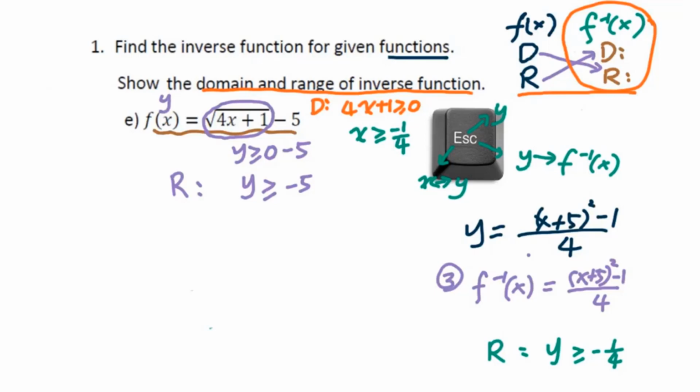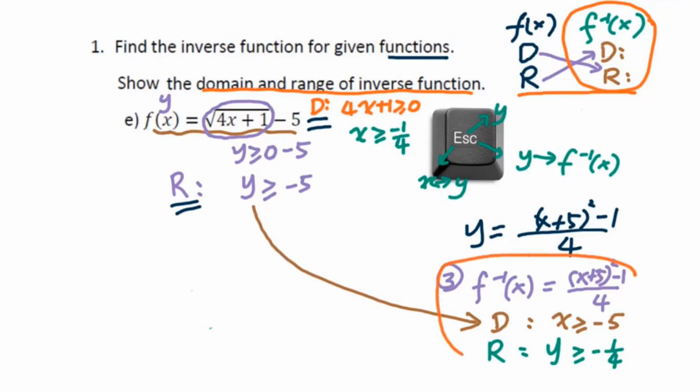In other words, it will be the domain of the inverse function, that is x greater than or equal to negative 5. So when you have a square root function, it's easy for us to figure out the domain and the range. Then switch the domain and the range to get the domain and the range of the inverse function.